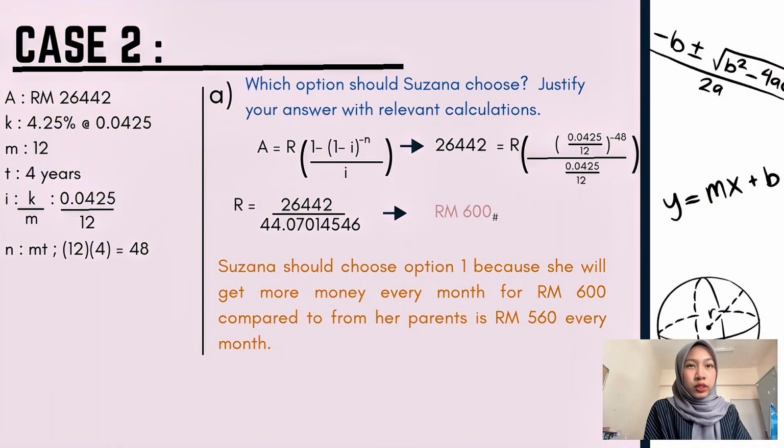So R equals 26,442 divided by 44.07014546. So the answer is RM 600. So Susanna should choose option 1 because she will get more money every month, 600, compared to from her parents, 560 every month.